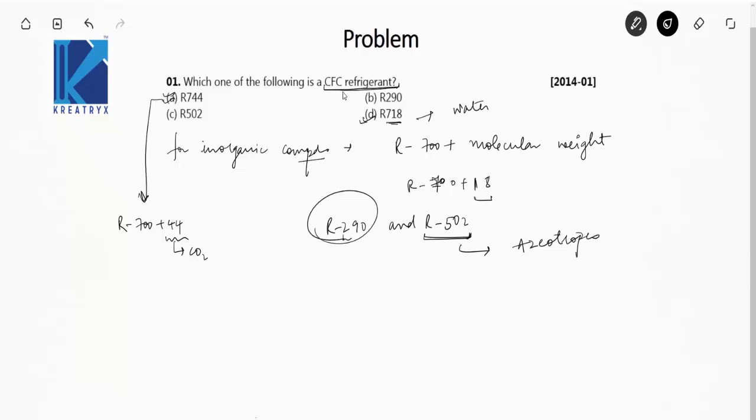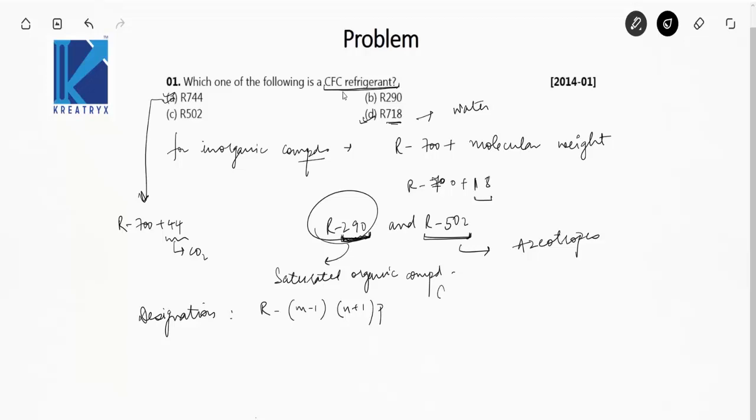These are three digits. R, and then it is followed by 3 digits. That means it is a saturated organic compound, and the designation of saturated organic compounds is given by R (M-1)(N+1)(P). And what are M, N and P?